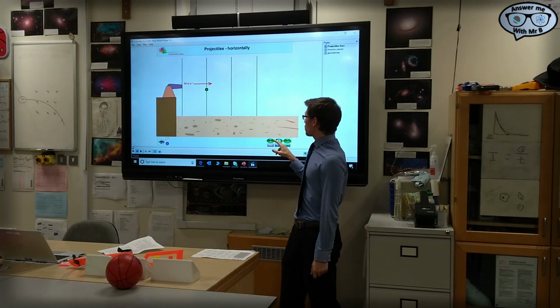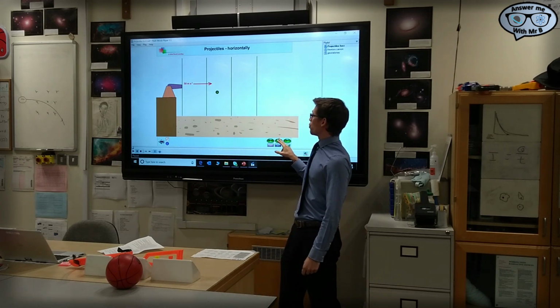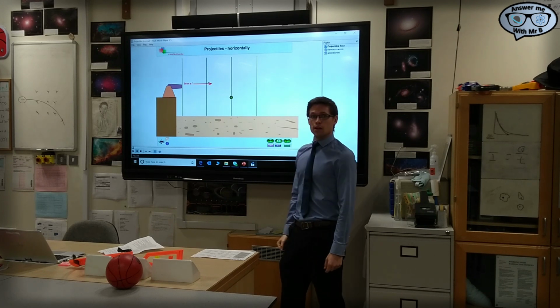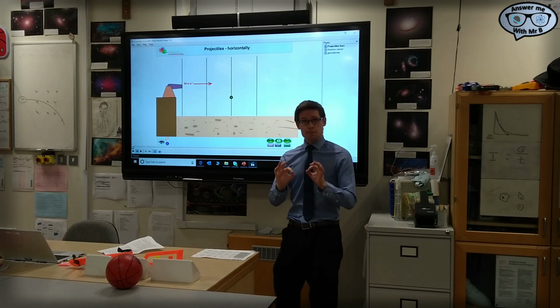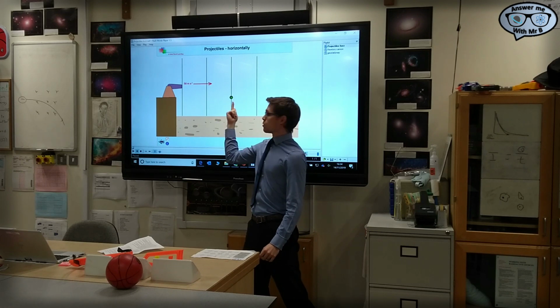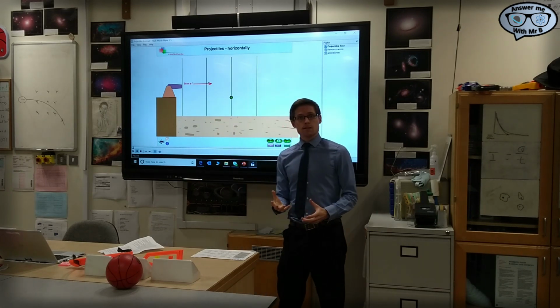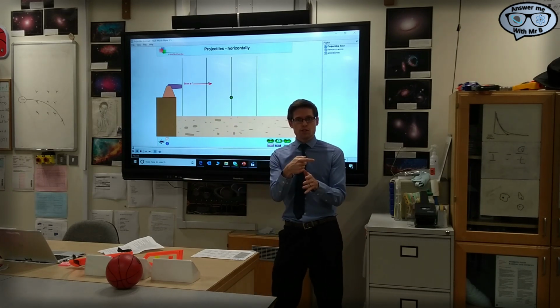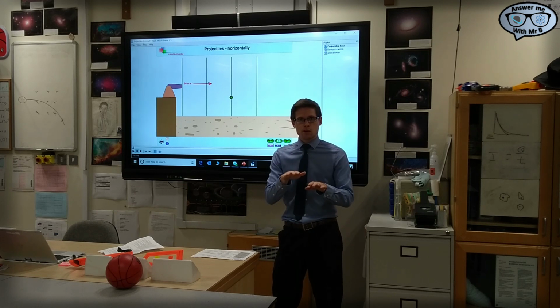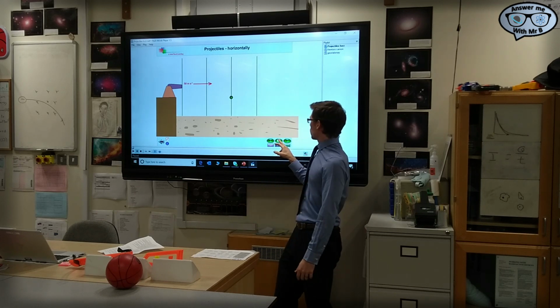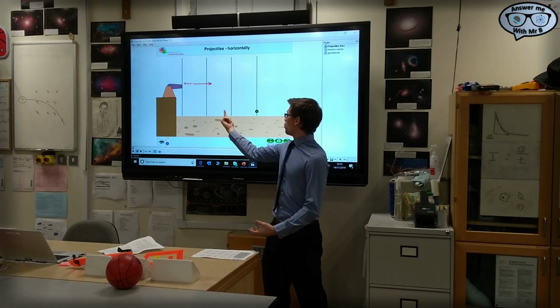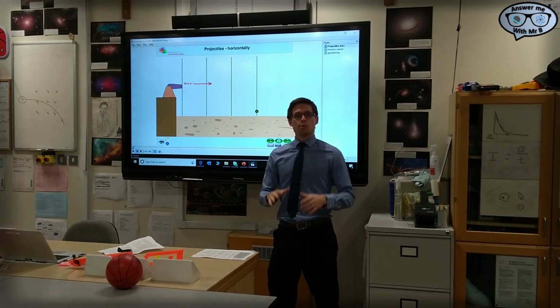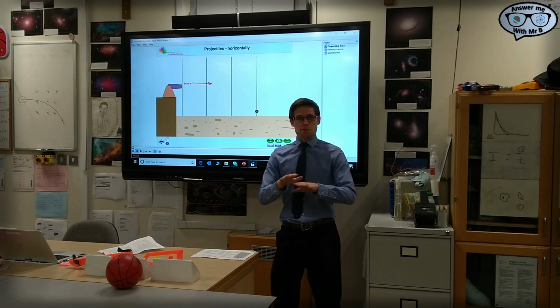If I play another 5 seconds, it has travelled the same distance. It's travelled the same distance because its horizontal velocity hasn't changed. We could play another 5 seconds, and again it would travel the same distance because the horizontal velocity never changes.